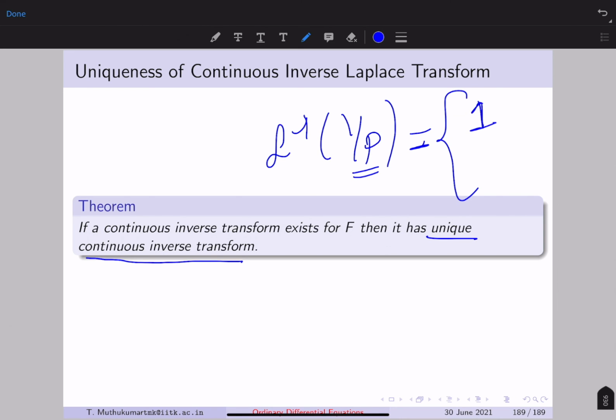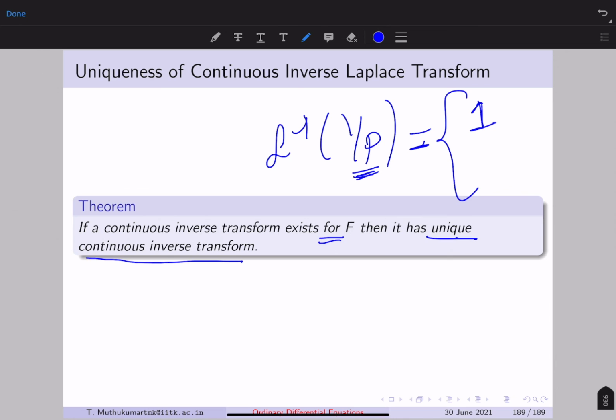Every other function whose Laplace transform is 1 over p will be a discontinuous or piecewise continuous function. And this is true for every possible function. So this theorem tells you that the continuous inverse transform, if it exists, which it may not, is unique.